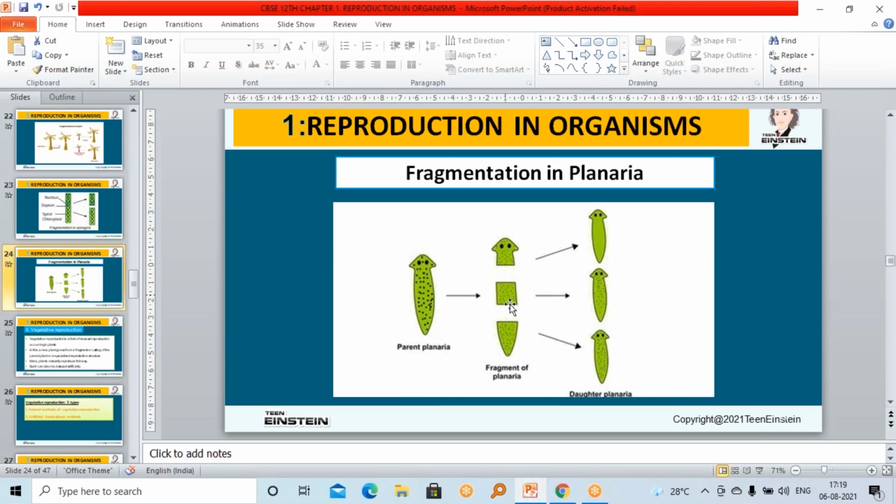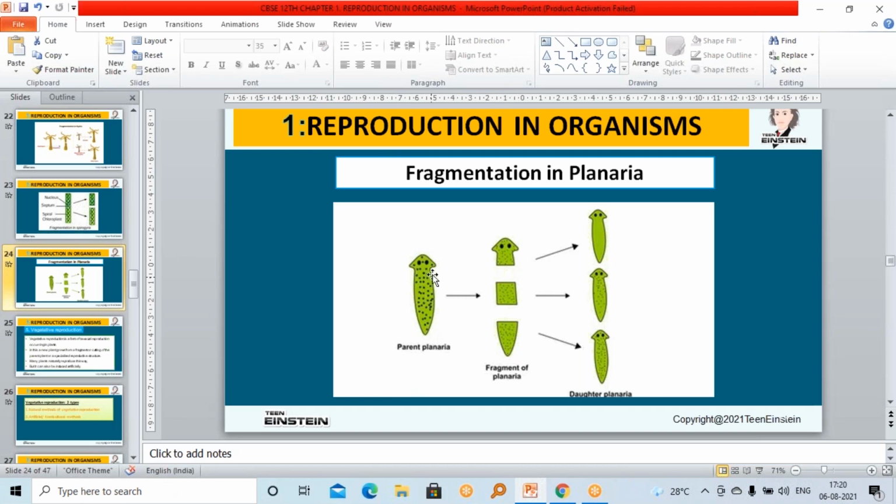There are two methods of asexual reproduction in planaria. One is fragmentation, and the second method is spontaneous dropping of tails.